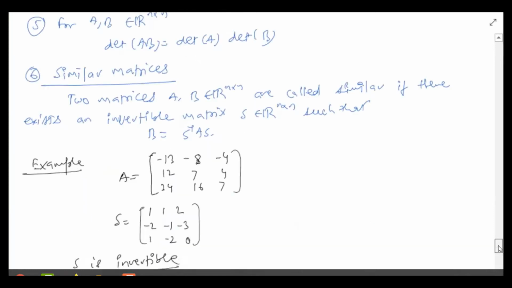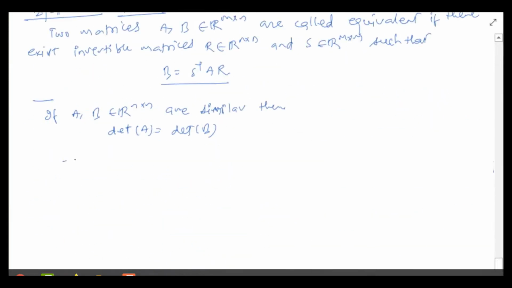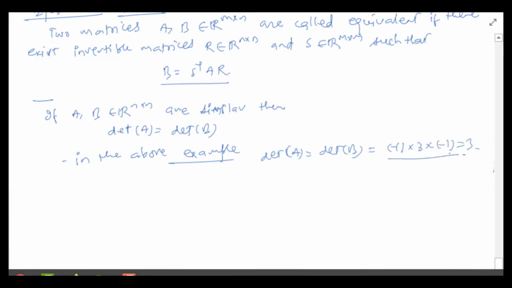So determinant of A would also be 3 in the above example, because A and B are similar.